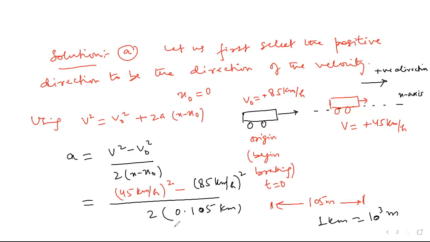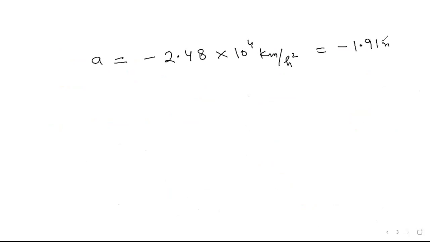So let us solve for a, and when you solve for it, this a is minus 2.48 into 10 raised to the power 4 kilometer per hour square, which is also minus 1.91 meter per second square.